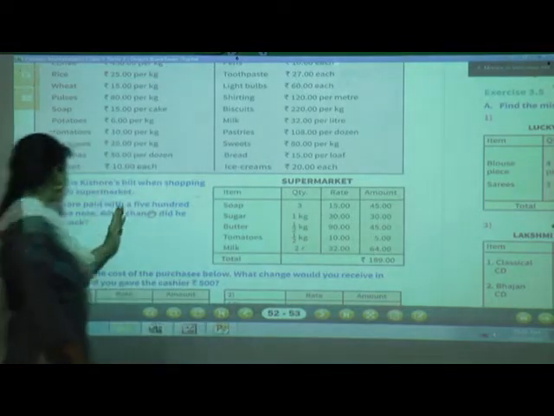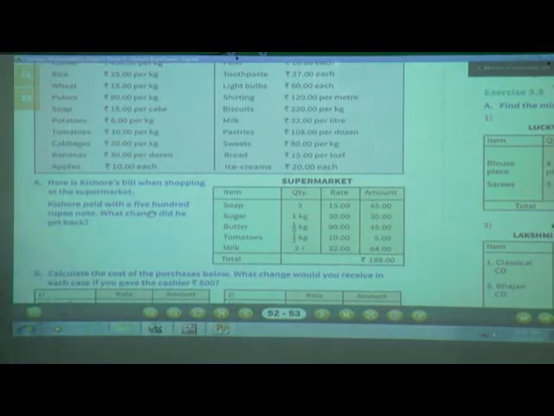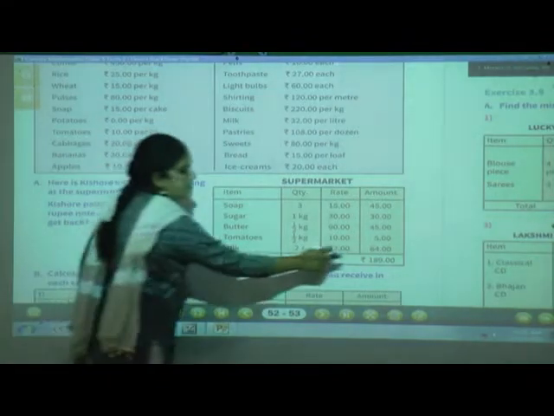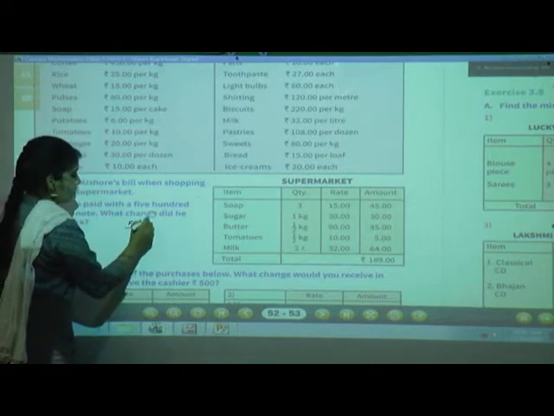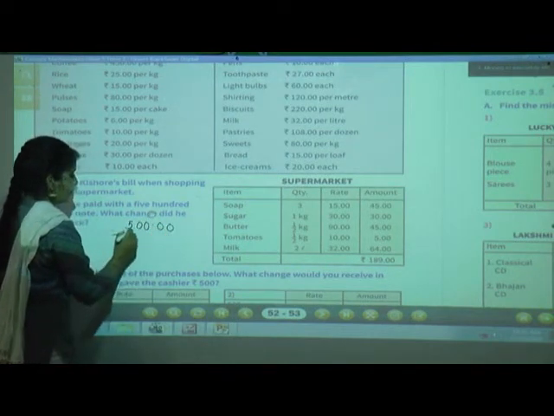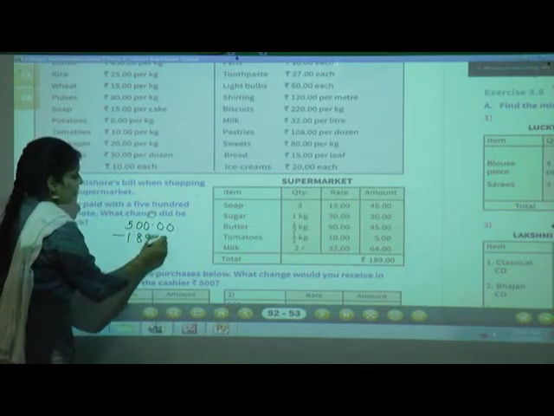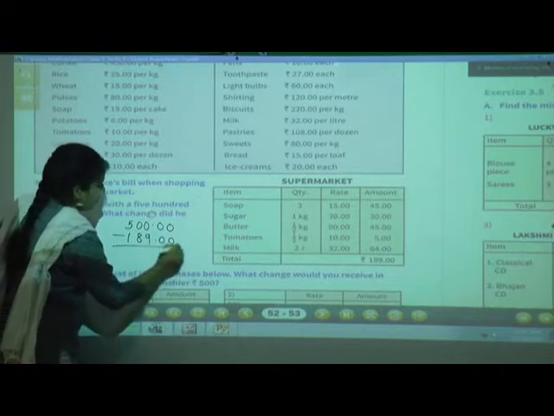Now what they told us here: Kishore paid with a 500 rupee note. What change did he get back? So what will you do students? See, his total is 189 and he paid 500 rupees, isn't it? So just subtract 189 from 500.